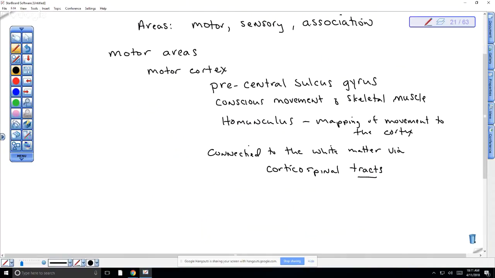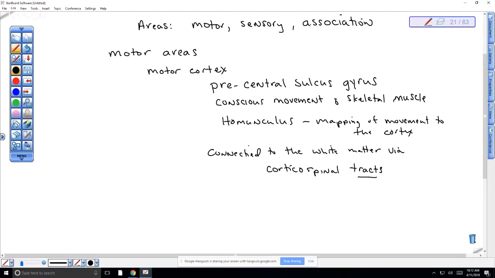Notice that this is not nerves. In the central nervous system, remember, a bundle of myelinated axons is called a tract. If you look at this word, cortico means the cortex, and spinal means you're connecting the motor neurons in the motor cortex to the spinal cord. Obviously action potentials have to travel from the cortex all the way down to the spinal cord and then out to the nerves in my hand, where they innervate the skeletal muscles, which allows movement.